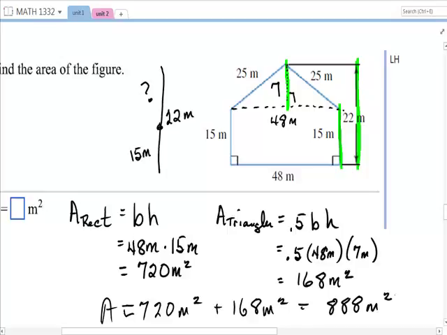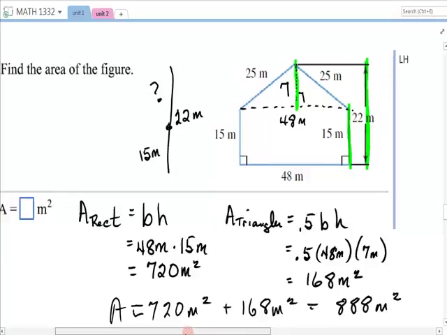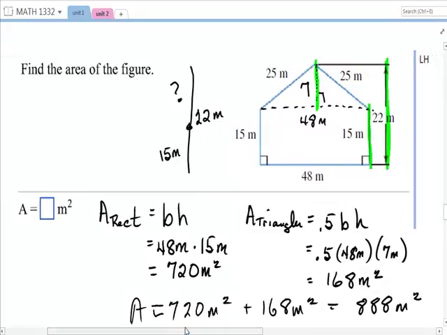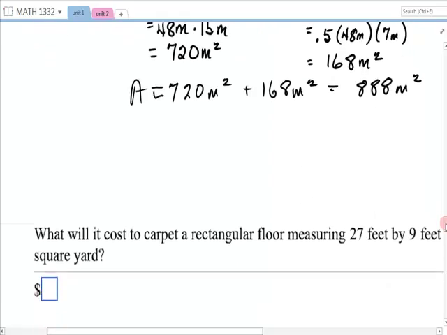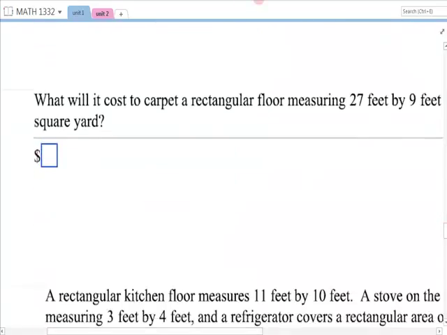So we got a little bit more challenging on the second one. The house was a little bit more of a challenge to break, and then we had to find a missing piece. All right.